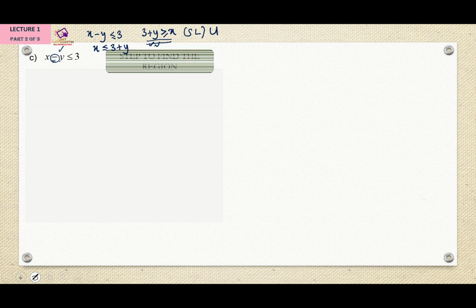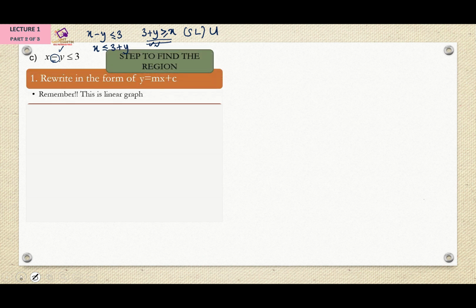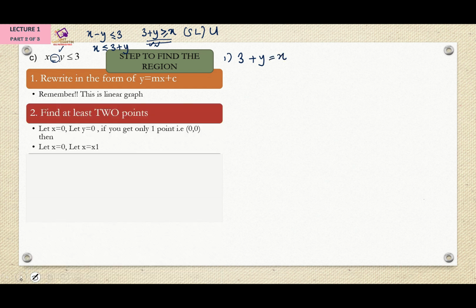After that, let's look at the steps. First step, we need to write in the form of y equals mx plus c. So here we write 3 plus y equals x. Then the second step, we need to find at least 2 points. Here we let x equals 0.